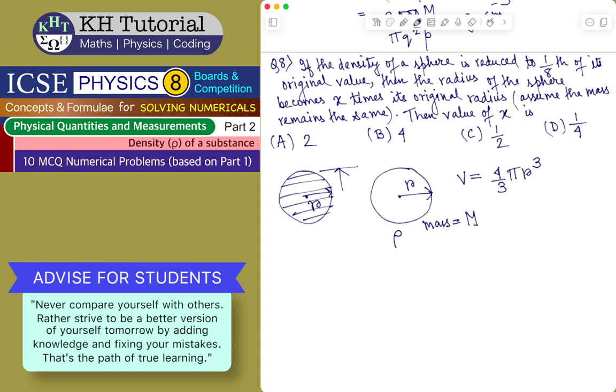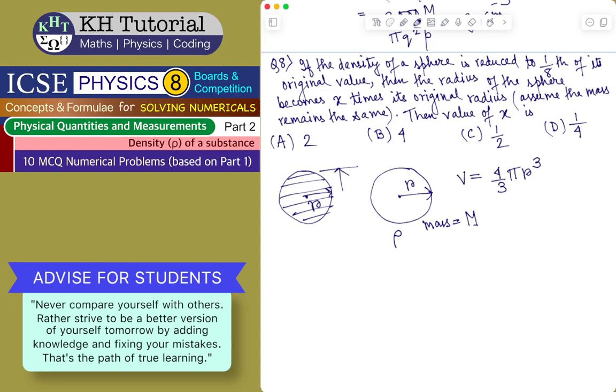Now, if the sphere is contracting, definitely the density of the sphere is reduced to 1/8 of its original value. So the density is reducing, and if the density is reducing, definitely the volume will increase. The volume has to increase because the mass is same.